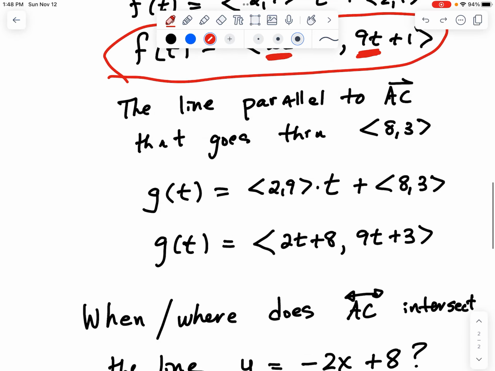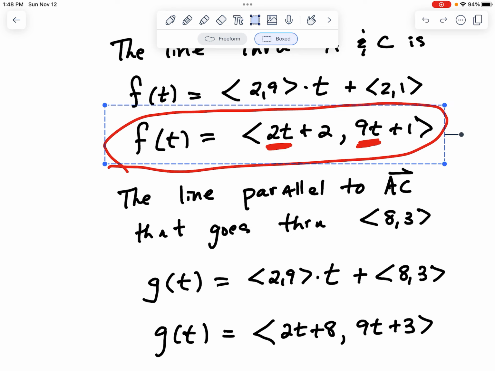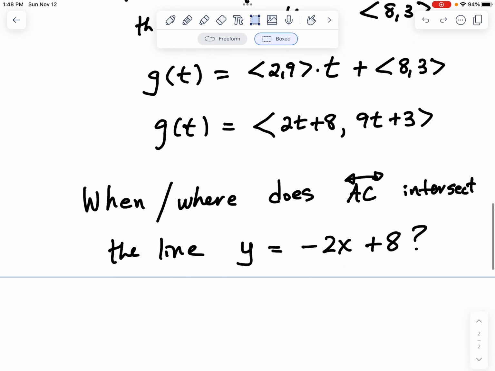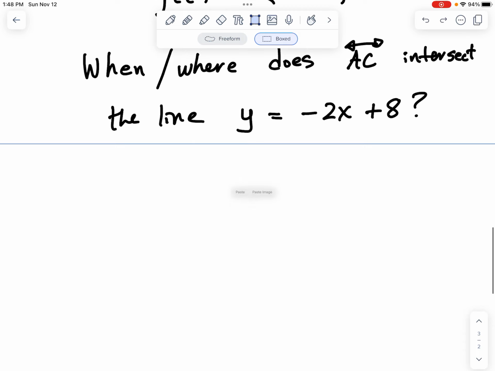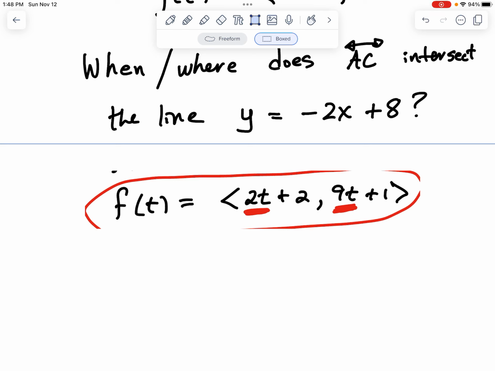Well, if you go back to this one, and let me just grab it real quick, make a copy and bring it back down here. So with this one, it's basically telling you that this is what x equals and this is what y equals.